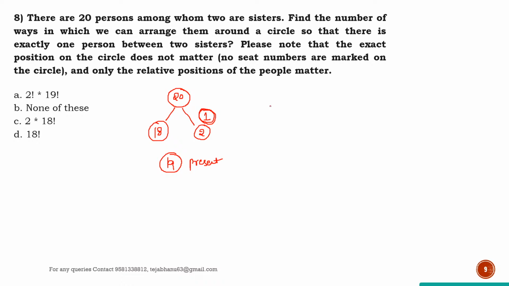Now have a look. These 19 can be arranged circularly in 19 minus 1 factorial ways. That is 18 factorial ways. And out of this, the 2 sisters we have to arrange again, right? So into 2 factorial. 2 factorial is 2 only, and 18 factorial.